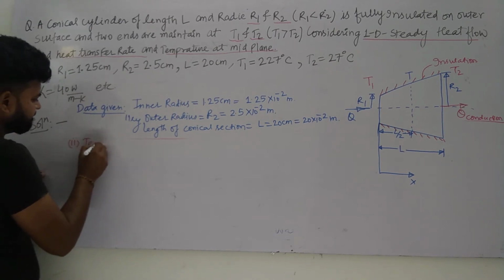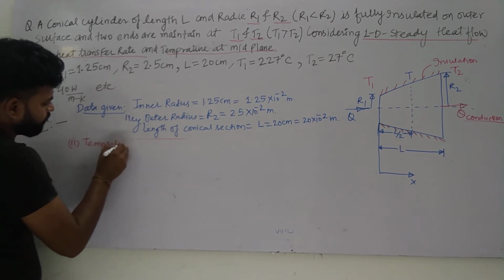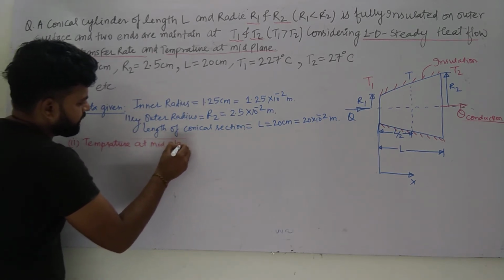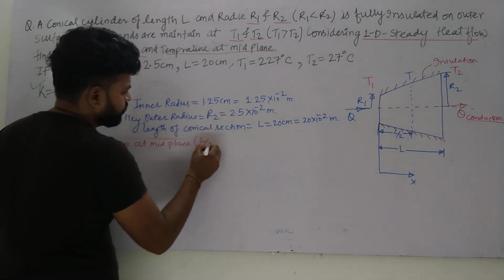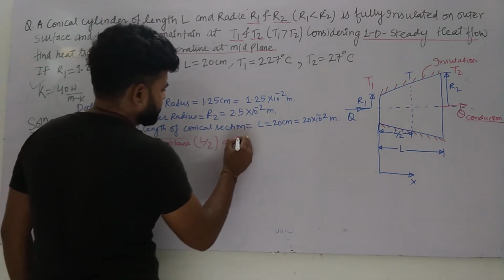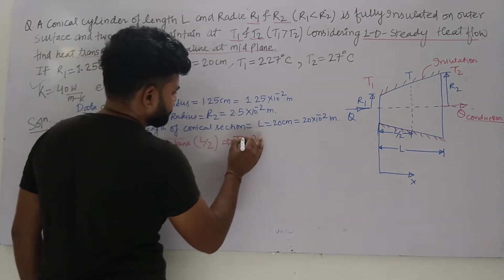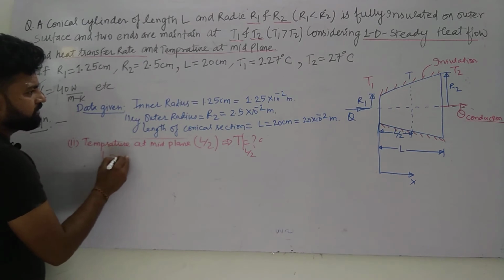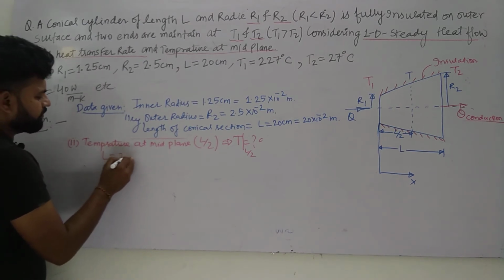So the second is your temperature at mid plane, that is L by 2. So what is L by 2? This is T, we have to find at L by 2. L is already given as how much? 20 centimeter.